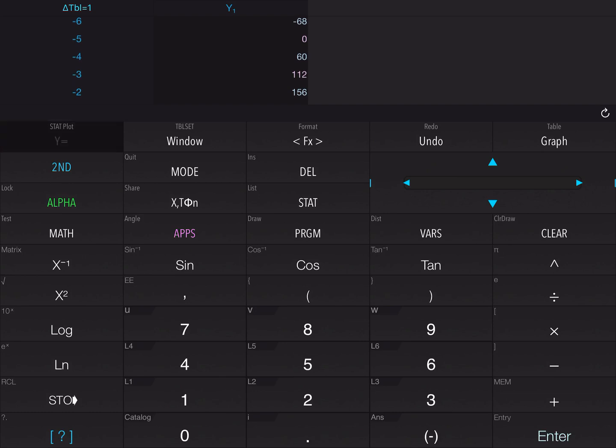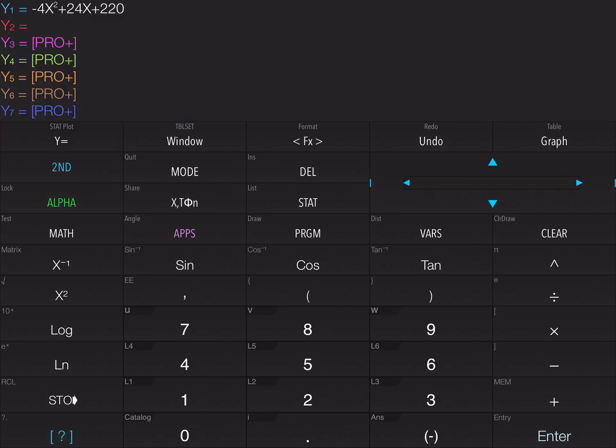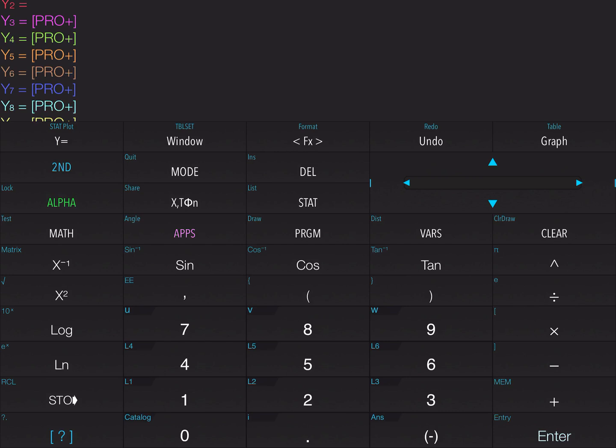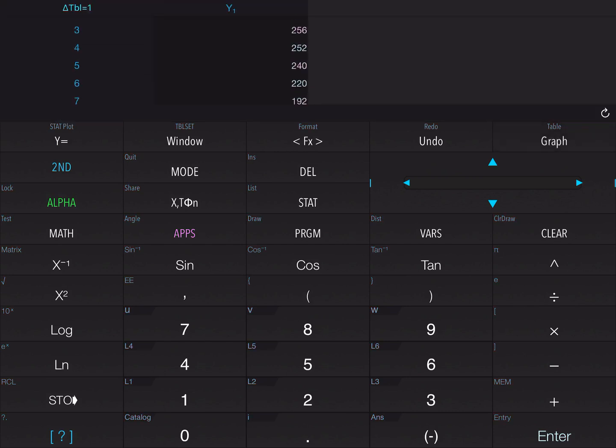I think I typed something in wrong, probably. -4x squared plus 24x plus 220. Nope, it's fine. Okay, so when is y 0? Well, here it is right here. That means my x value is 11 when y is 0.